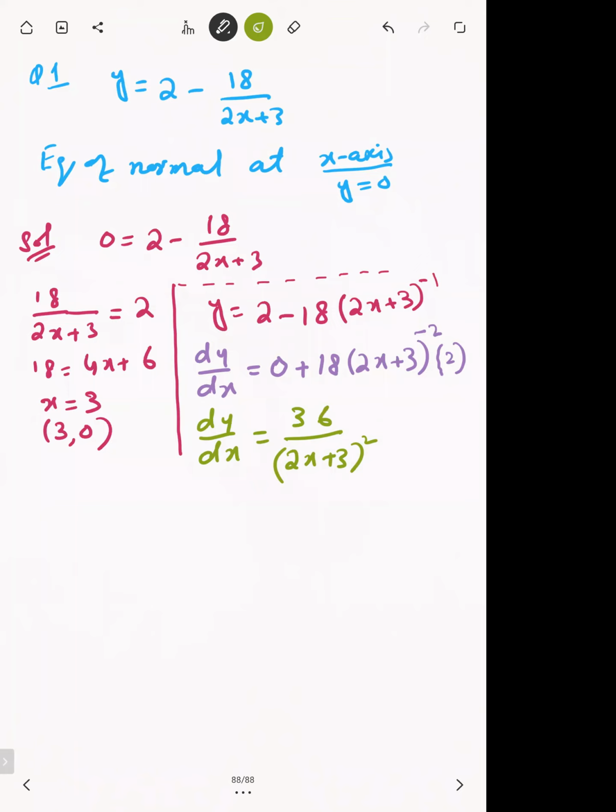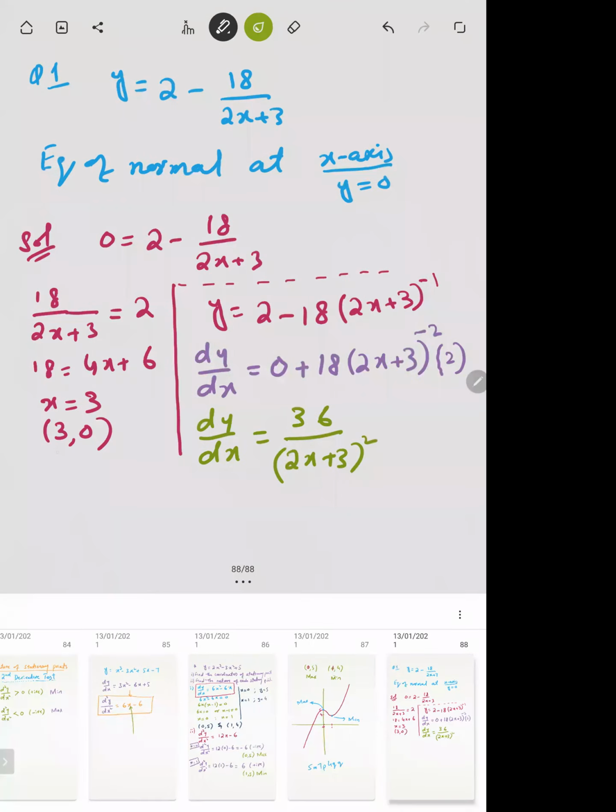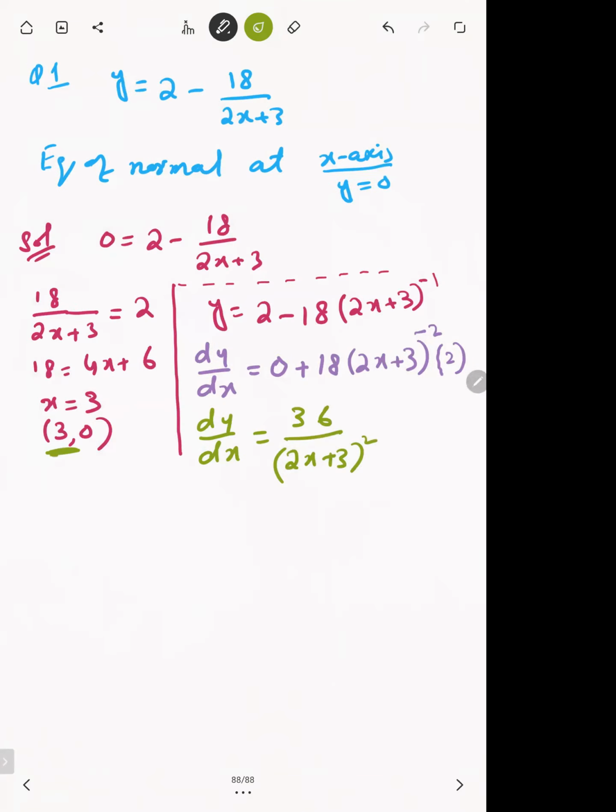Now this dy by dx represents the gradient of tangent. Now you want to find the gradient at x is equal to 3. So put x is equal to 3, that will give you the gradient of tangent. So 2 into 3 plus 3 whole square, which will be 36 by 81.